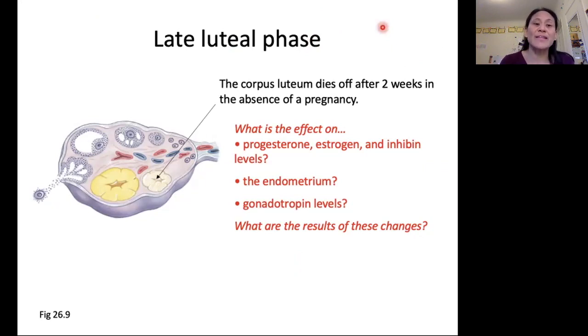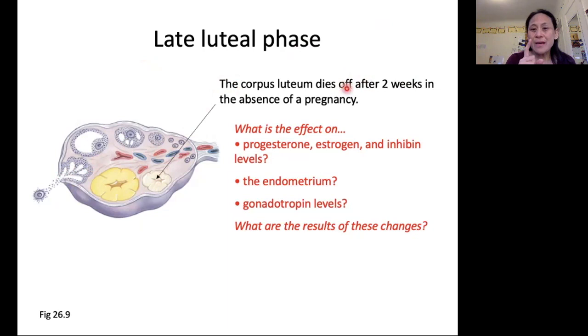Okay, so we just saw the events of the early to mid luteal phase. Now let's take a look at the late luteal phase. So what happens during the late luteal phase is that in the absence of a pregnancy, if we do not get pregnant, the corpus luteum dies off after 2 weeks. So 2 weeks after ovulation, the corpus luteum disintegrates.